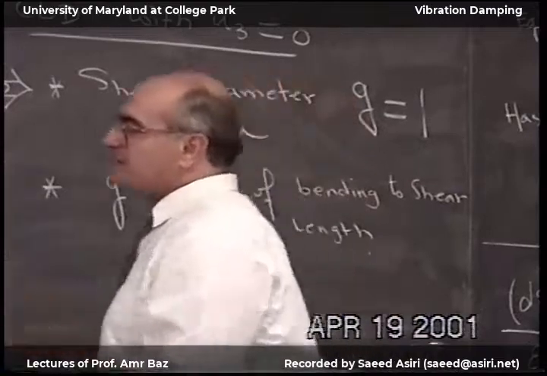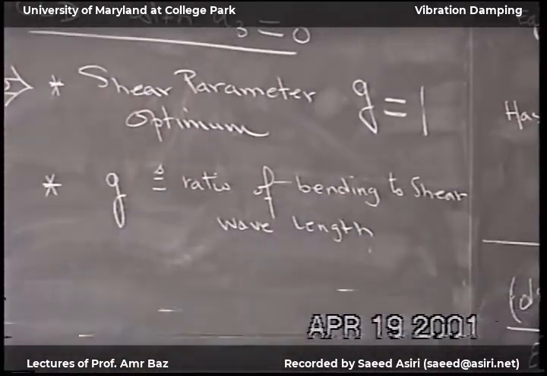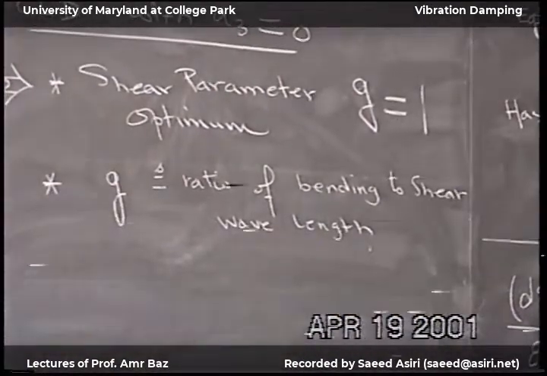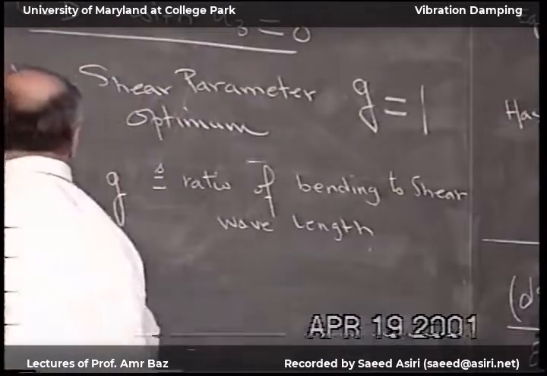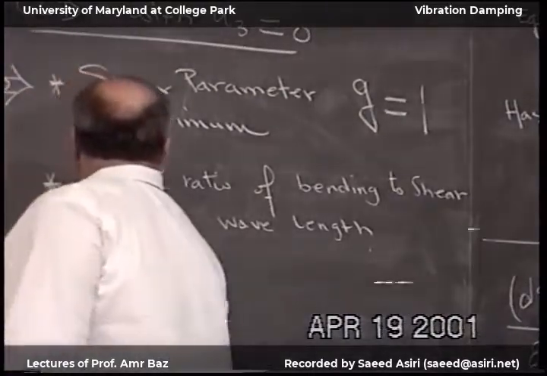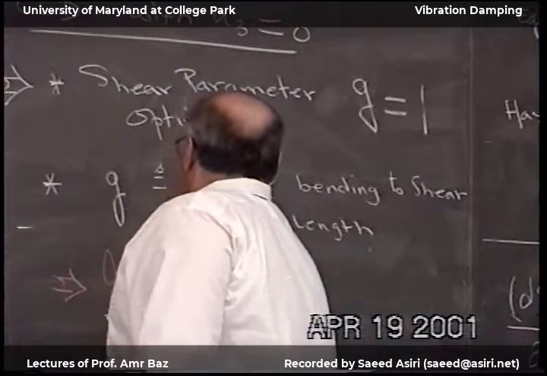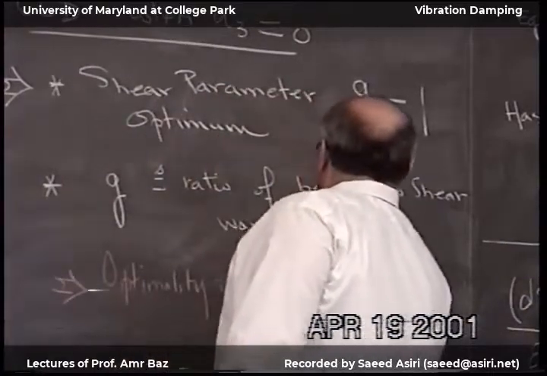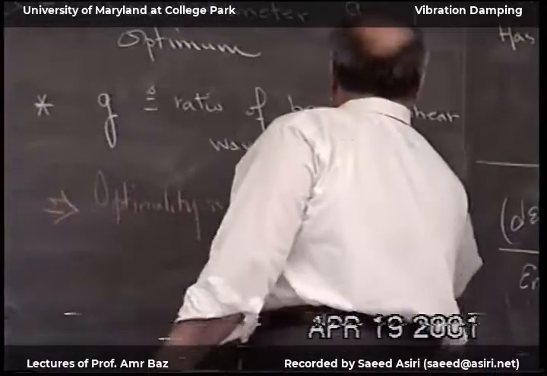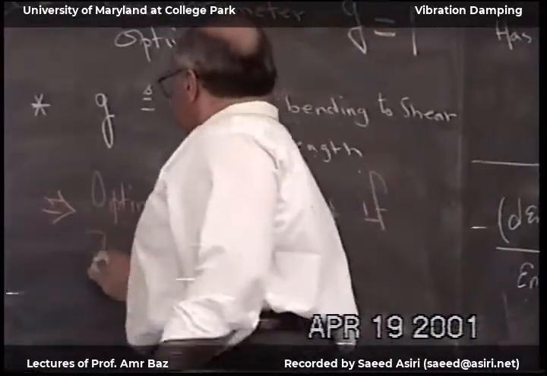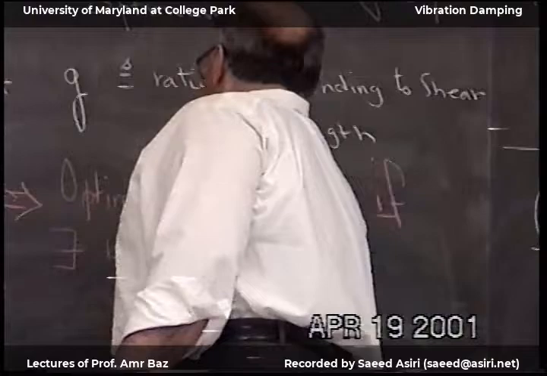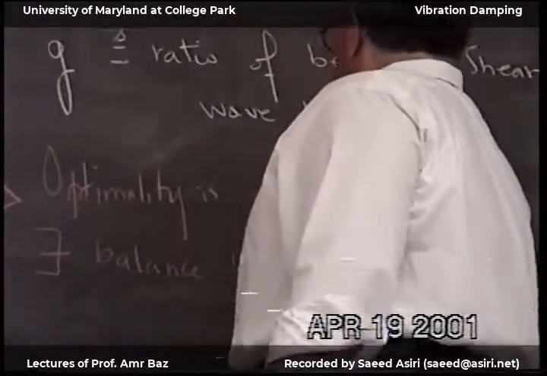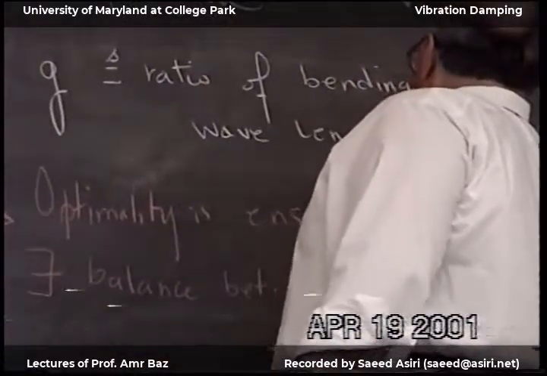And this says to have a successful damping treatment, you have balance between shear and bending. Optimality is ensured if there is balance between shear and bending.